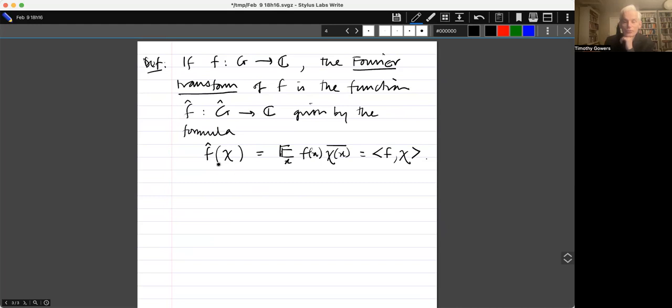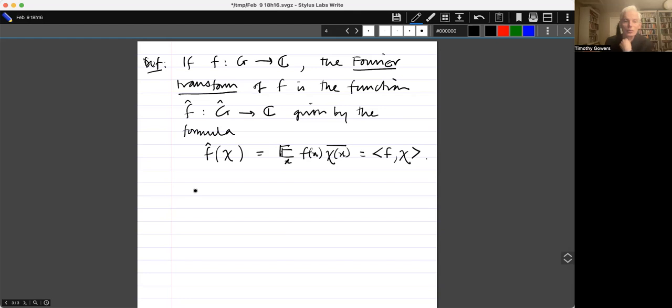F hat of chi is called the Fourier coefficient of f at chi, or the Fourier coefficient of chi, when f is clear from the context. So we notice that the characters chi form an orthonormal basis, and so when you want to expand a function in terms of an orthonormal basis, this is exactly what you do. You take the inner product of the function with each element of the orthonormal basis, and that gives you the coefficient of that term.